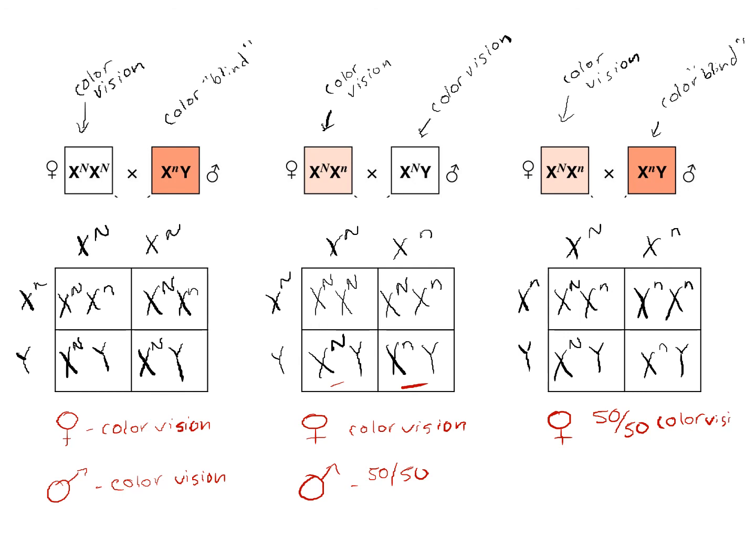So one of them is going to be homozygous recessive for color blindness. The other one will be heterozygous. If we look at the males, we again have a 50-50 chance of color vision. So one of them will inherit the color vision allele from mom. The other one will inherit the colorblind allele from mom. So as you can see, it can happen in females, but it is going to be more common in males.